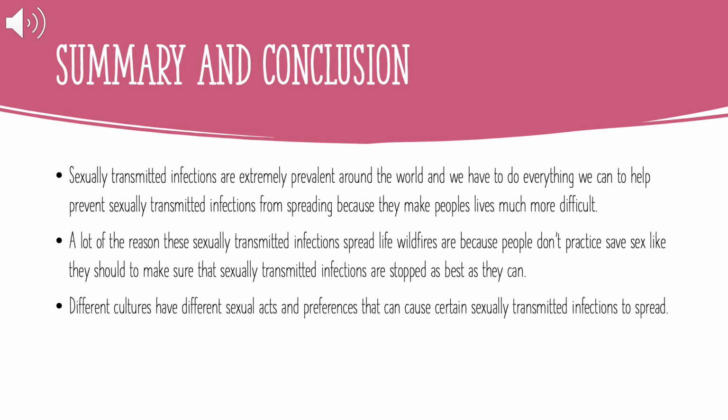And a lot of the reason these sexually transmitted infections spread like wildfires is because people don't practice safe sex like they should to make sure that sexually transmitted infections are stopped as best as they can. And that brings it back to a couple slides ago where I talked about alcohol. A lot of people don't make smart choices when they're under the influence.